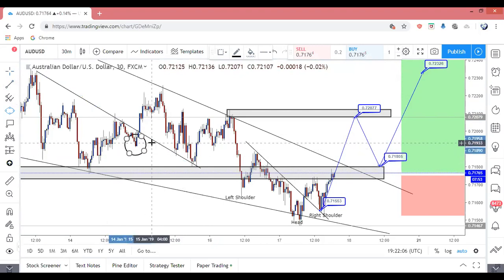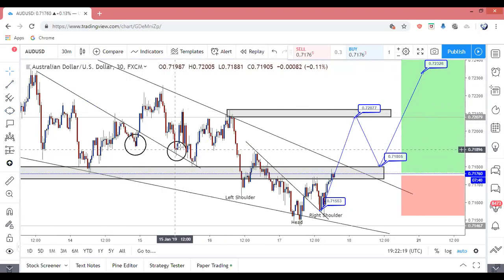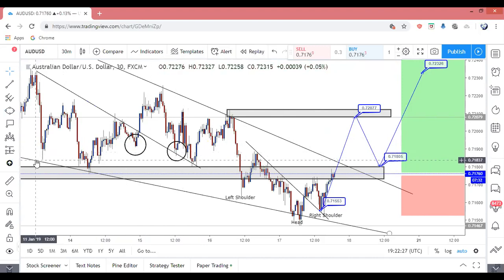And you have marked this and that, right? So you would have said there's a breakout and then there's a retest, and you would have entered here a buy. But now if you enter a buy here, your stop loss should be somewhere around here.